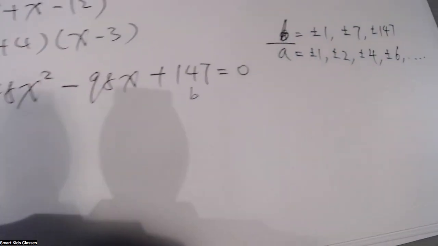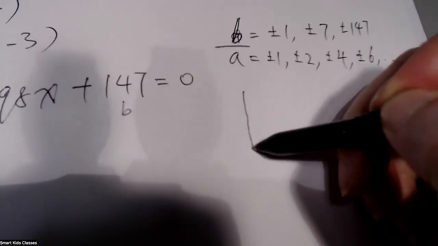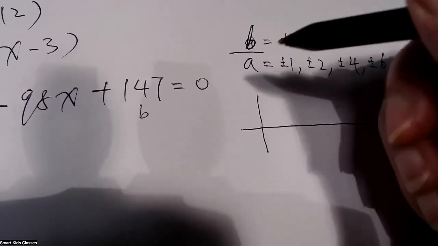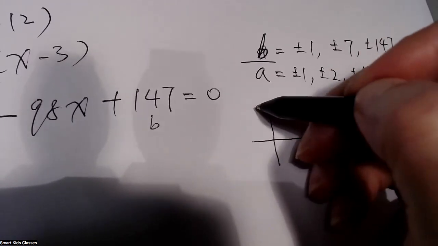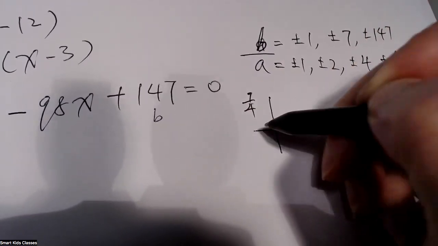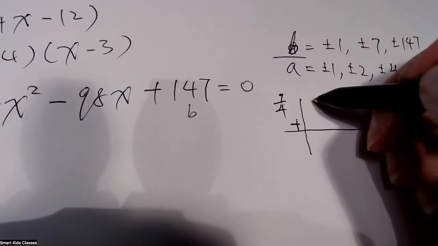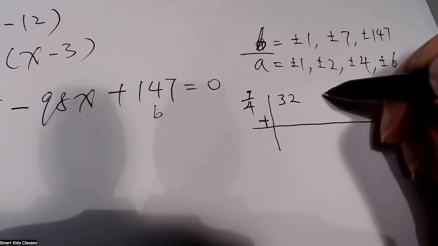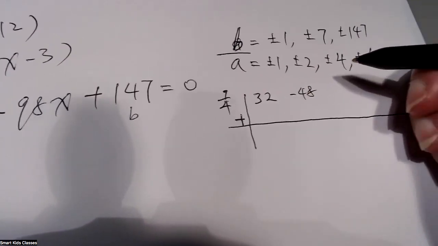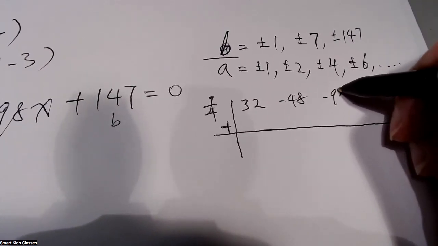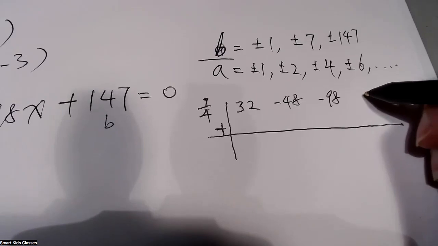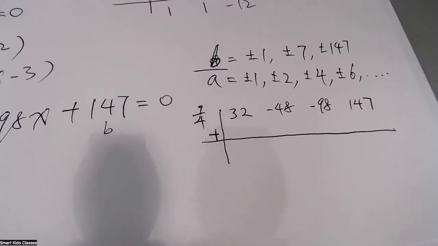It's 7 over 4. Now we're going to do a synthetic division here. So we just put 7 over 4. We're going to do an 8 here, for 7 over 4. So we write 32, negative 48, negative 98, and 147.